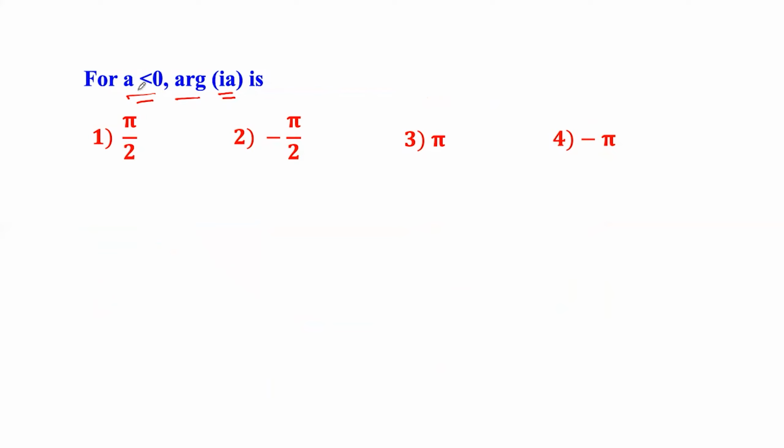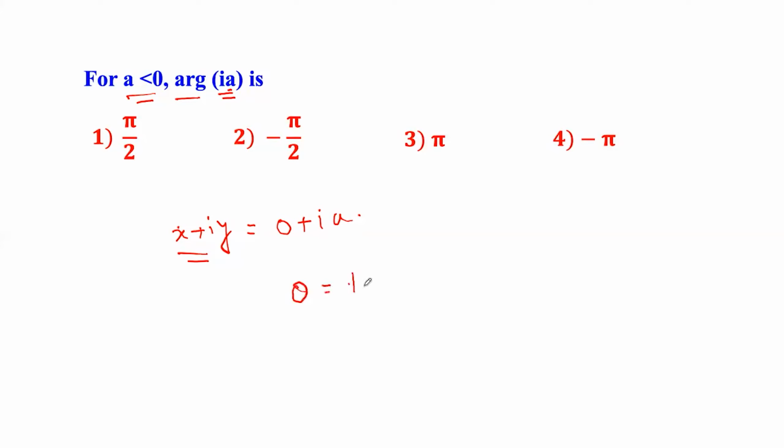Taking the form x plus iy, a real number multiplied with i, with a less than 0, gives 0 plus i times a.